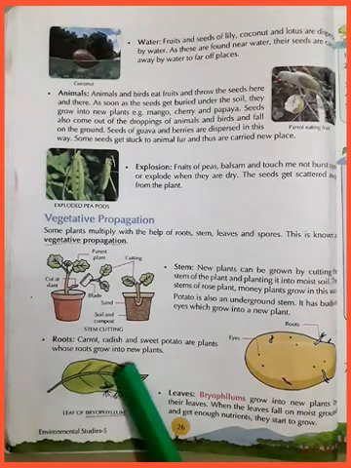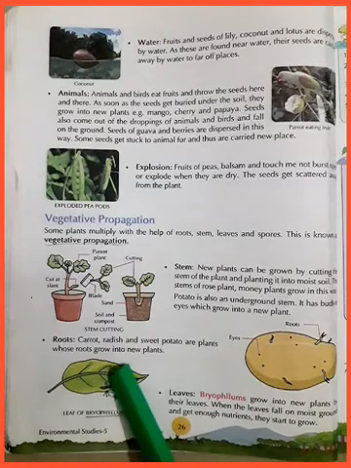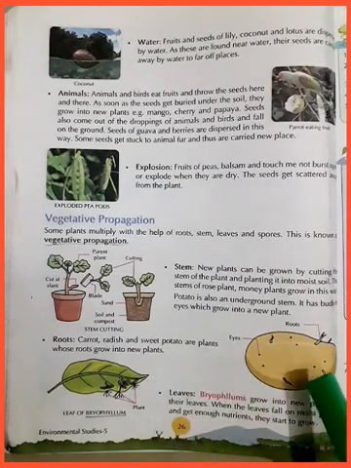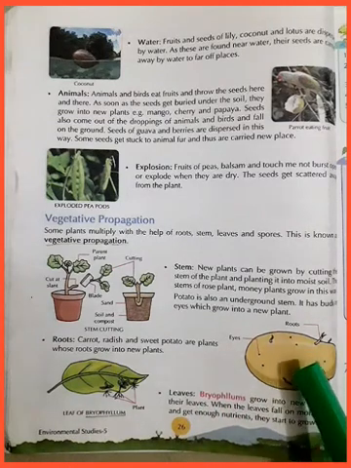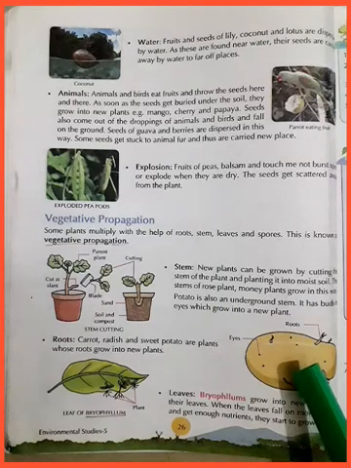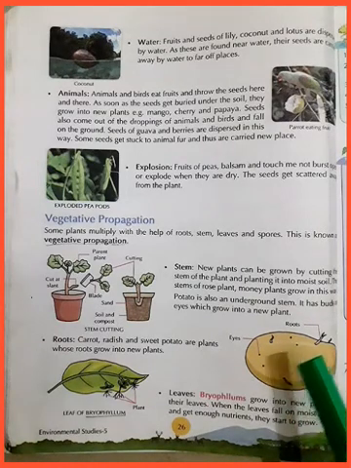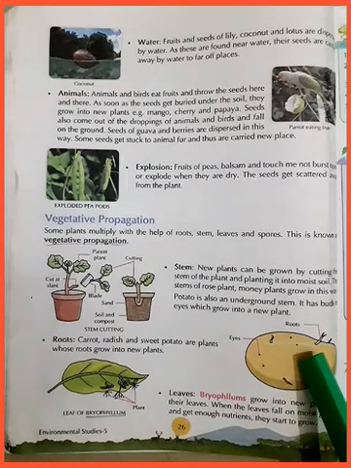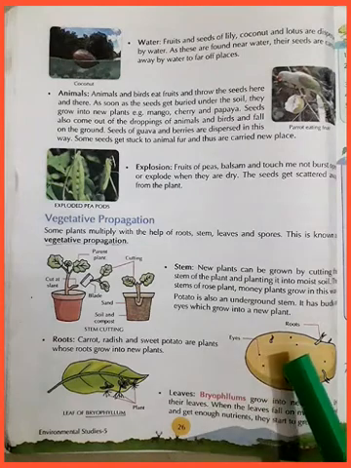Roots: carrot, radish and sweet potato are plants whose roots grow into new plants. You might have seen in the potatoes there are white eyes when they become old. When potatoes are kept at home for many days, a white portion appears on them that is called eyes, and that is the only thing that turns into the new plant.